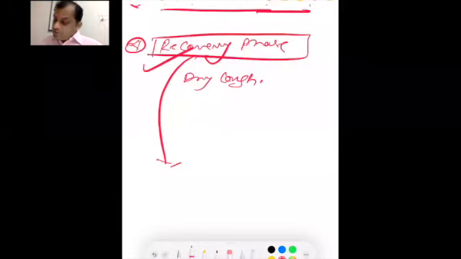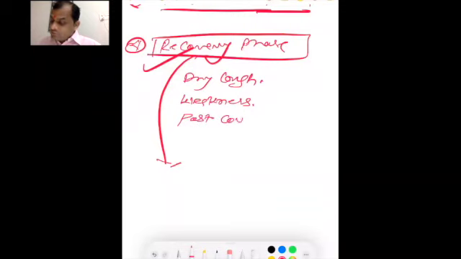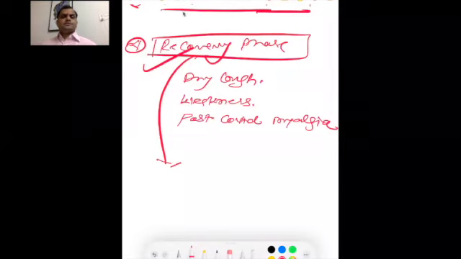And weakness. And we tell it post-COVID myalgia. Means COVID is finished now, but the muscle pain is still there. Lots of muscle pain. The person is having great weakness.